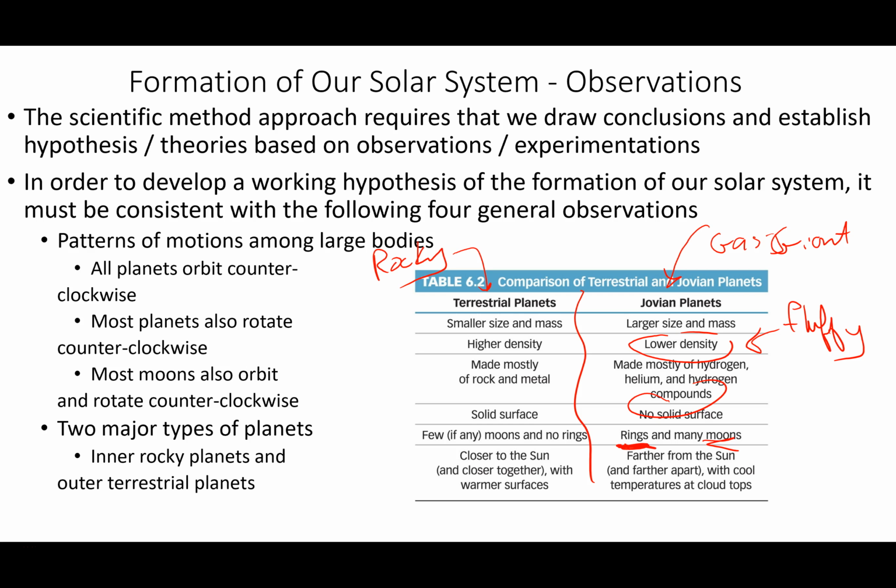So here's one thing for you, and this is part of the key to understanding our solar system formation. Where is it going to be warmer, right here or out here? It's going to be warmer next to the sun. Exactly. Mercury's like 500 degrees in the daytime. It is very, very hot.